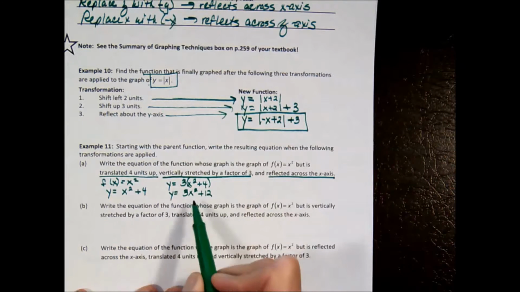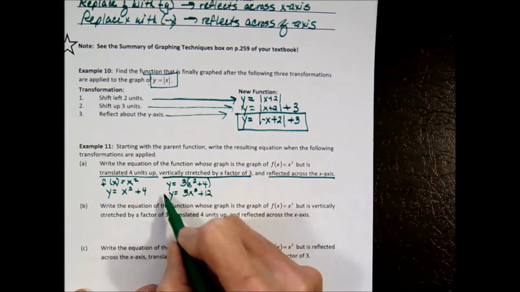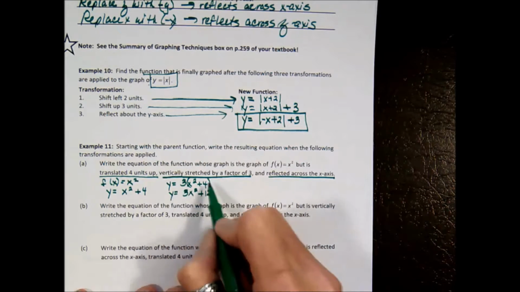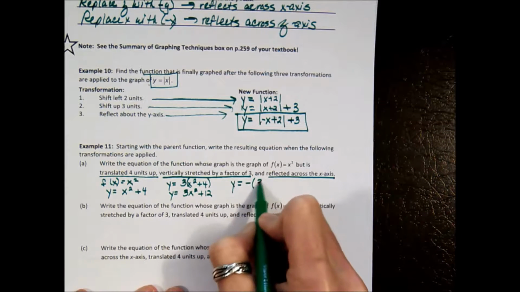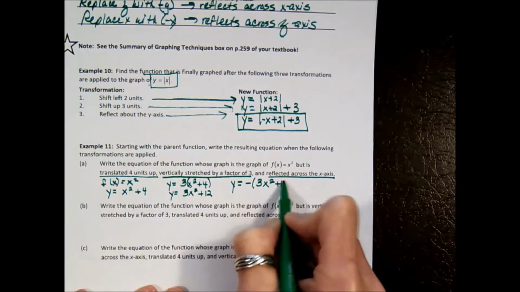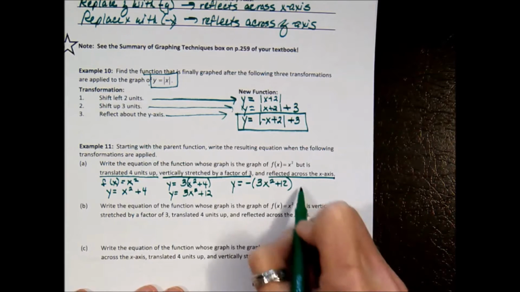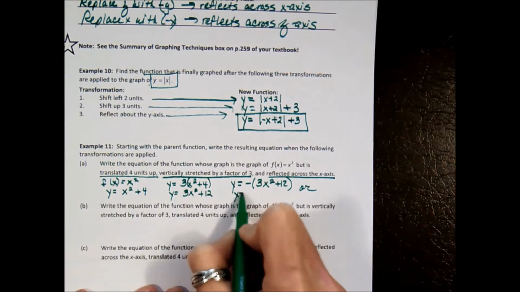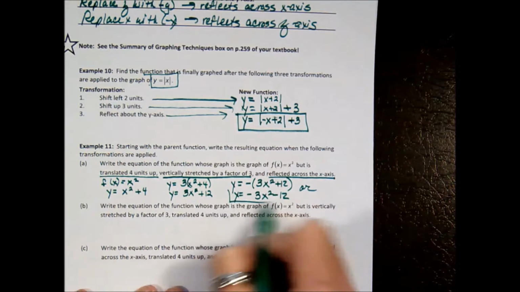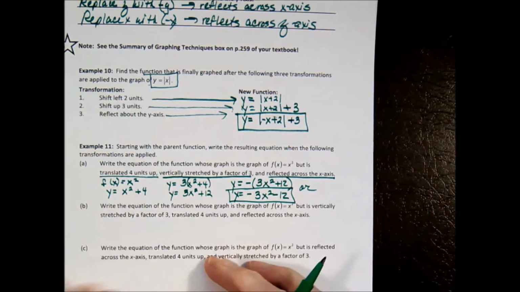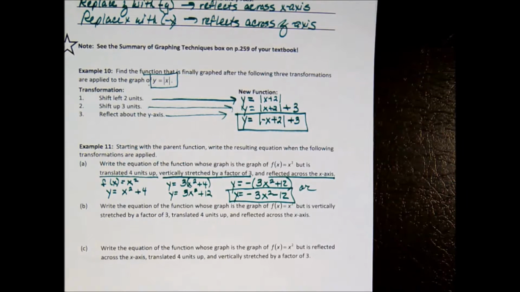So it would be like make it a negative y, to put a negative in front of the whole thing. So it's y equals negative in front of the whole thing. You can leave it like that, or you can distribute that, negative 3x squared minus 12. There is my final function for doing the 3 transformations in that order. Now let's do them again in a different order.